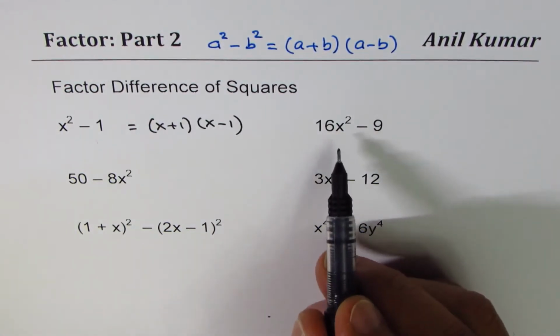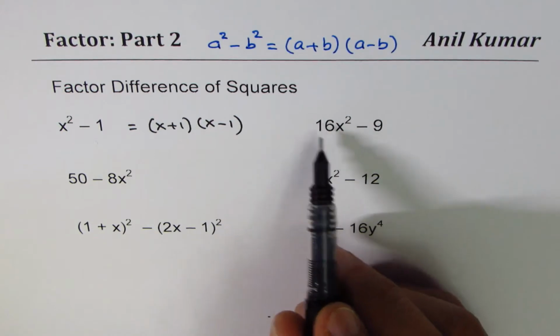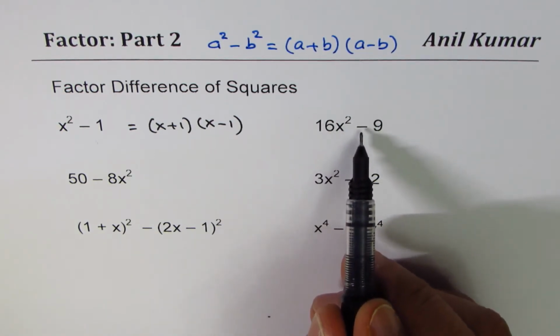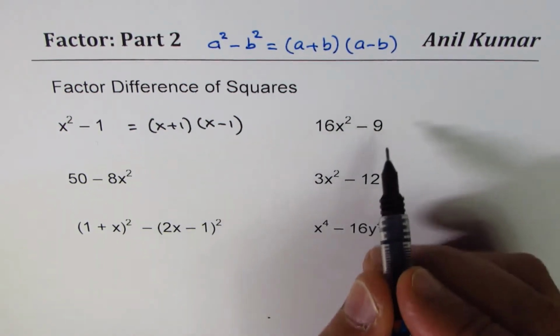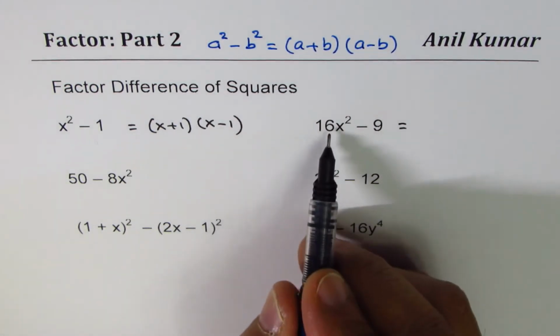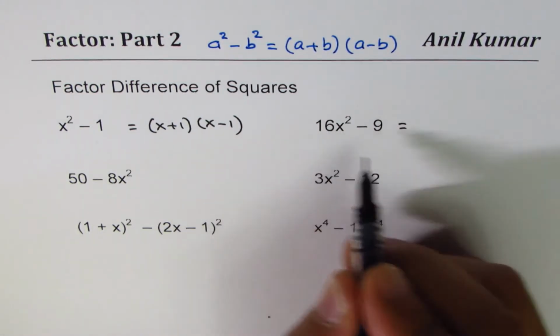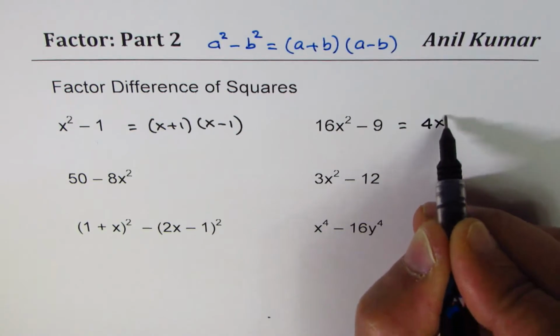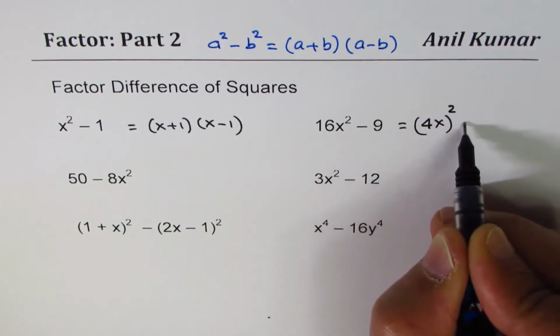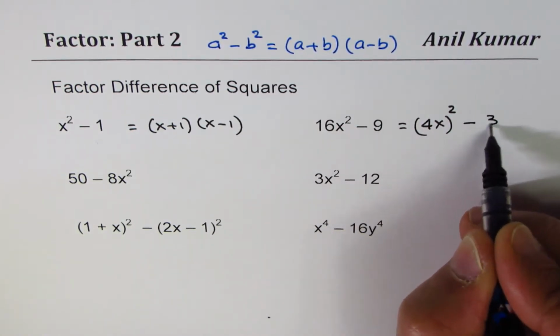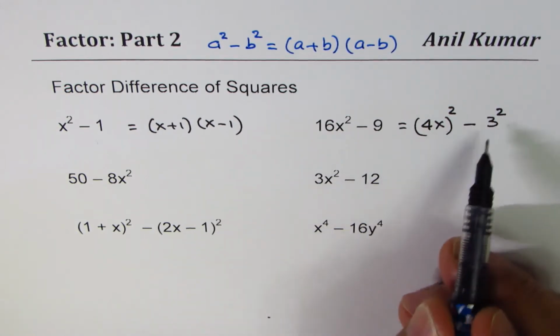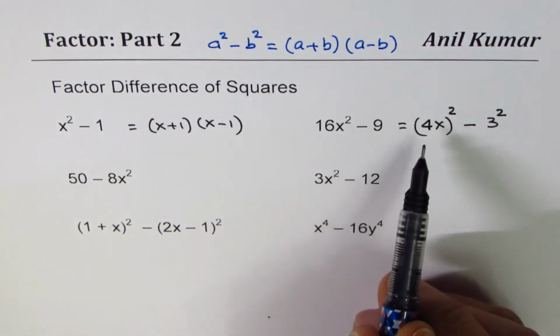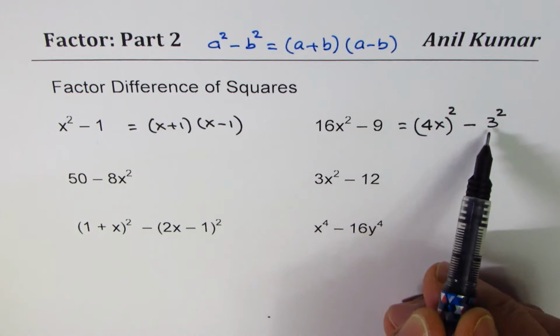Now let's look into the second example here, which is 16x squared minus 9. Think about it like this. 16 is 4 square, so it could be written as 4x whole square minus 9. 9 is 3 square. Now you can compare a square minus b square. A is 4x and b is 3.